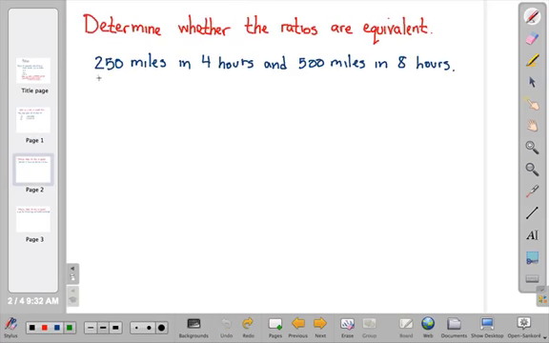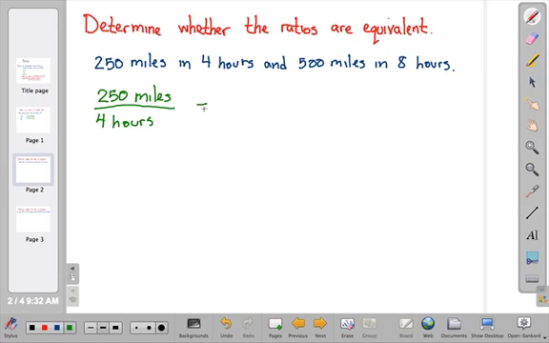Here's our next example. We need to determine whether these ratios are equivalent. So 250 miles in 4 hours and 500 miles in 8 hours. So the first thing that we're going to do is write the first ratio. So I have 250 miles over 4 hours. And I need to determine if these are equivalent or equal.